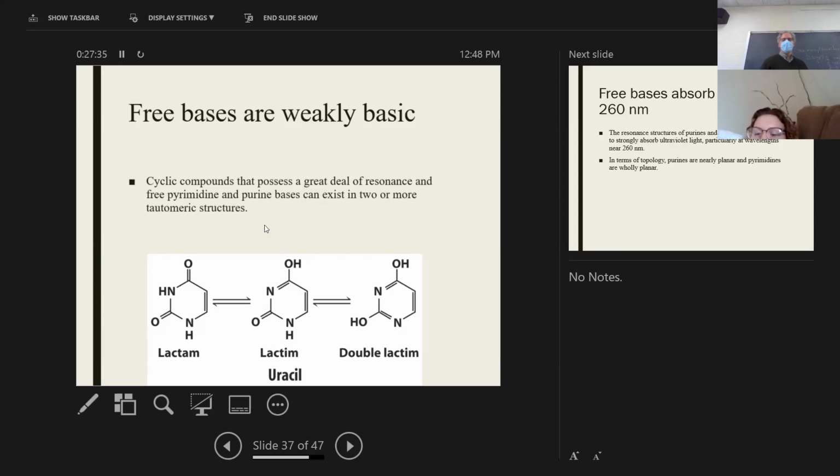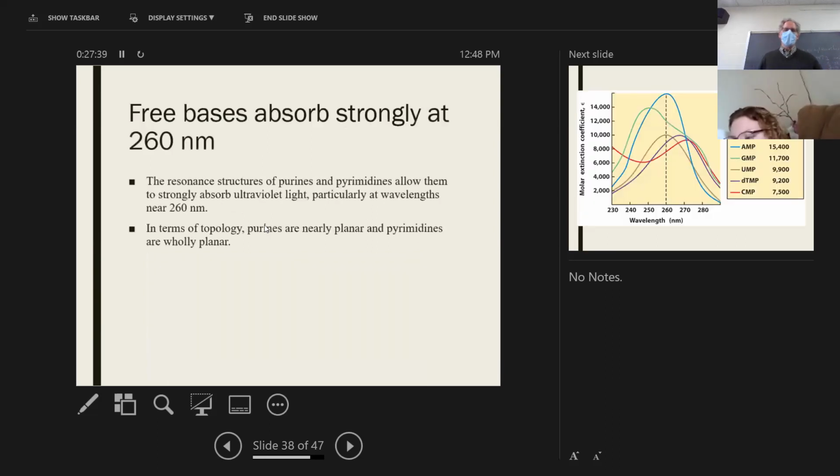It can still happen, but the rate at which it occurs is lower. But the bases, when they're free, absorb quite strongly at A260. And A260 in the laboratory is a very good way to detect nucleic acids because of their absorption at 260.